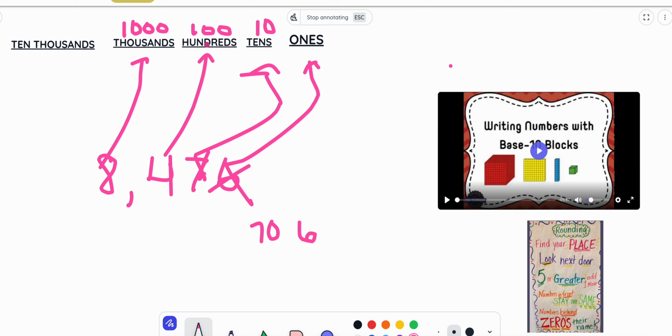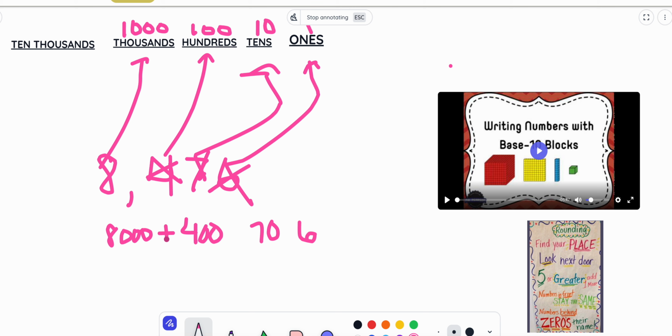Hundreds, 4, ends in 2 zeros, so then the 4 needs 2 zeros. And 8 goes to thousands, which has 3 zeros. You just add a 0 as you go up, so ones has no zeros. Then you have 1, then 2, then 3, then you'd keep going. So the 8 should have 3 zeros behind it.